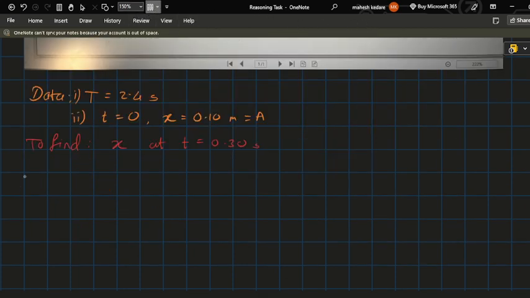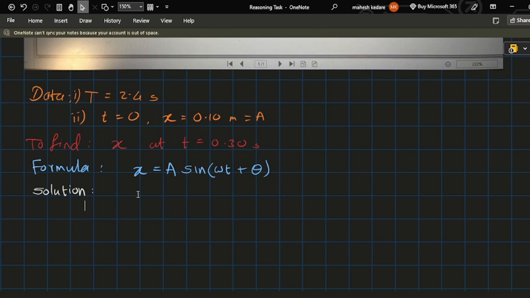Formula that we can use to solve this problem. The formula is an equation that describes simple harmonic motion of the mass, and that formula is x equal to A sin(omega t plus theta). Well, we can also use another formula.